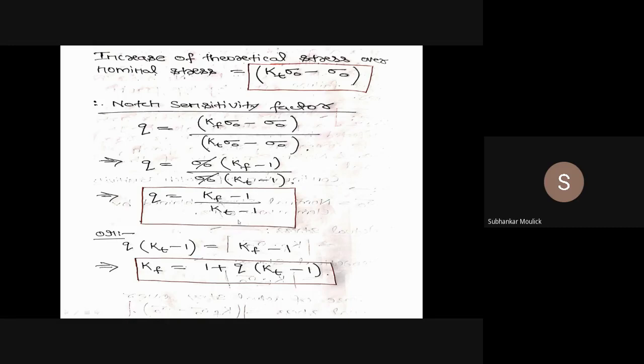Your notch sensitivity factor Q is given by Kf minus 1 divided by Kt minus 1. If I cross multiply it, I will get Q into Kt minus 1 equal to Kf minus 1, or I can write Kf is equal to 1 plus Q times Kt minus 1. So if I know the value of stress concentration factor Kt in any particular material and the notch sensitivity factor Q, then easily I can find the value of Kf.